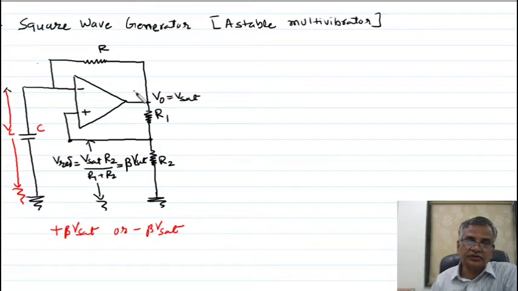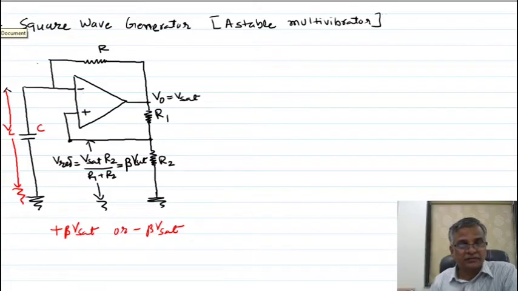So the output of the op-amp switches between plus and minus saturation. Let us see how the circuit works, that is, the explanation of the circuit diagram.